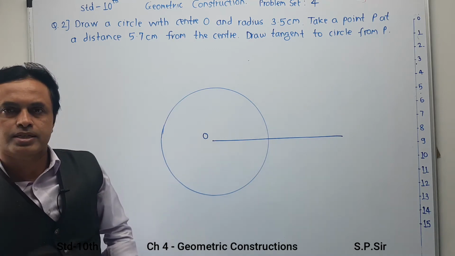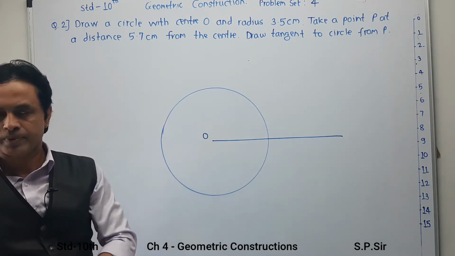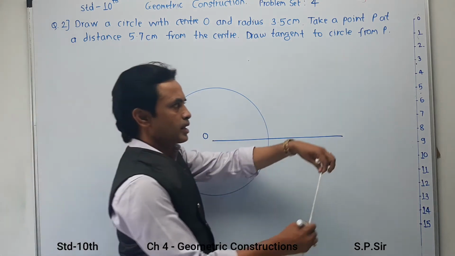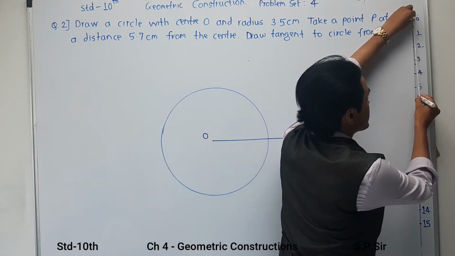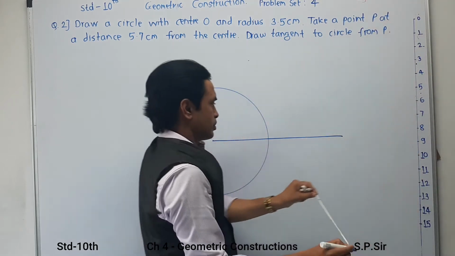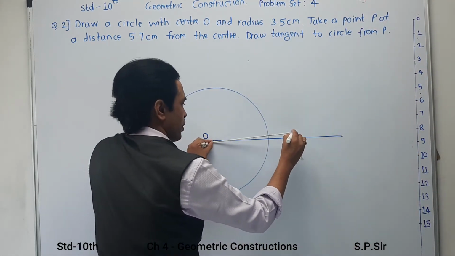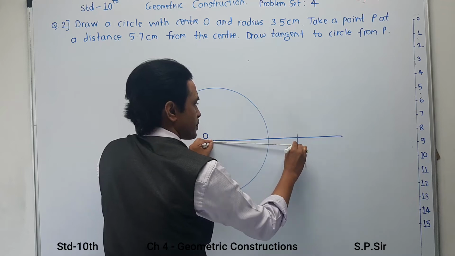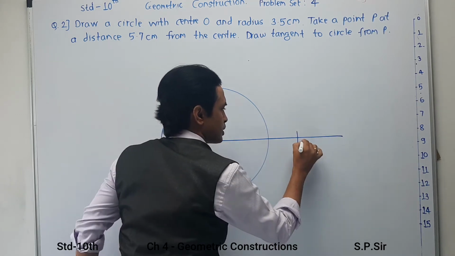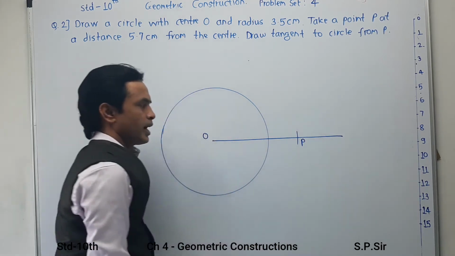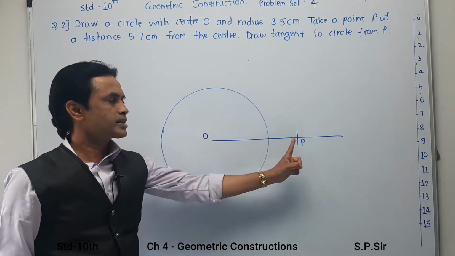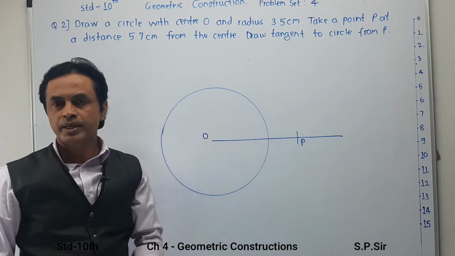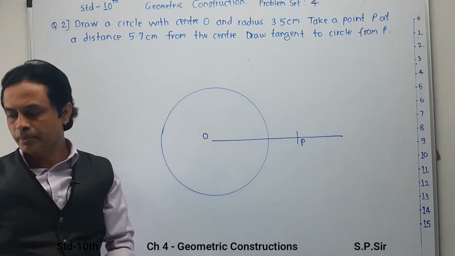So taking that distance of 5.7 centimeter, I am going to mark it and indicate the point P which is over here. Now you are able to see the point P, the radius of the circle is 3.5 and this distance is 5.7. This is the first step that we have completed.